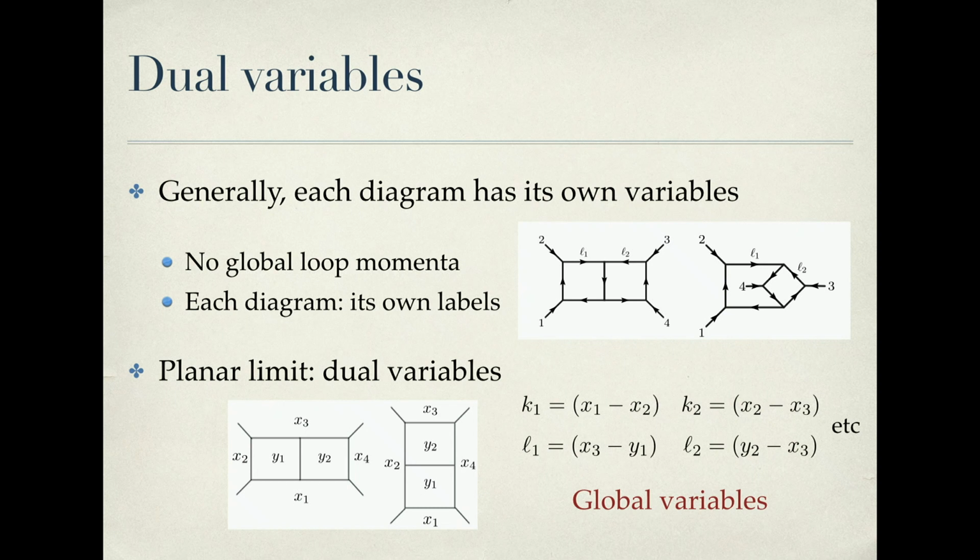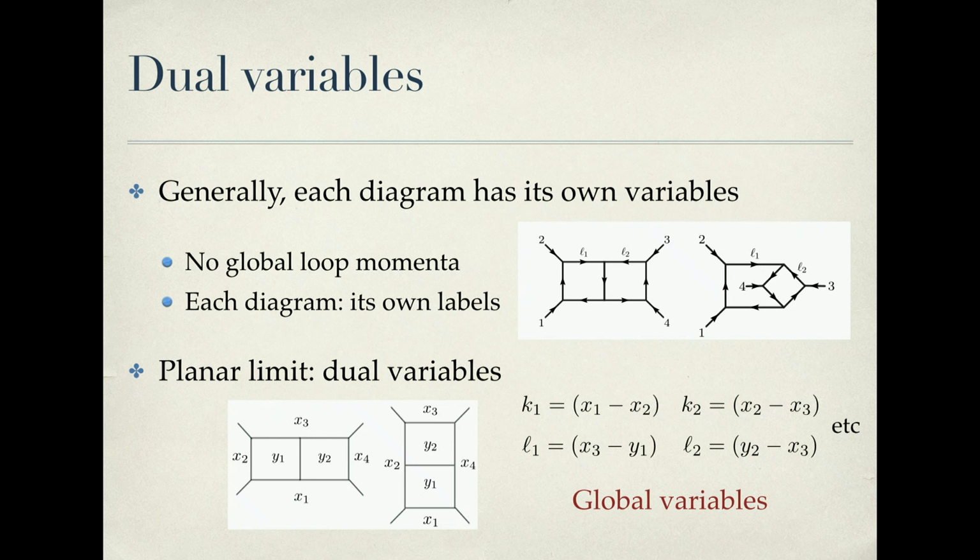But the whole point of this research is to talk about the amplitude as one object. The problem is, what does it mean to have one object if I have two different diagrams where the loop momenta don't really have any meaning? I can label loop momentum L1 here and L2 here, and I cannot line up the labeling in one diagram and the other diagram, because I can also say that L1 is this one, or L2 is this one.